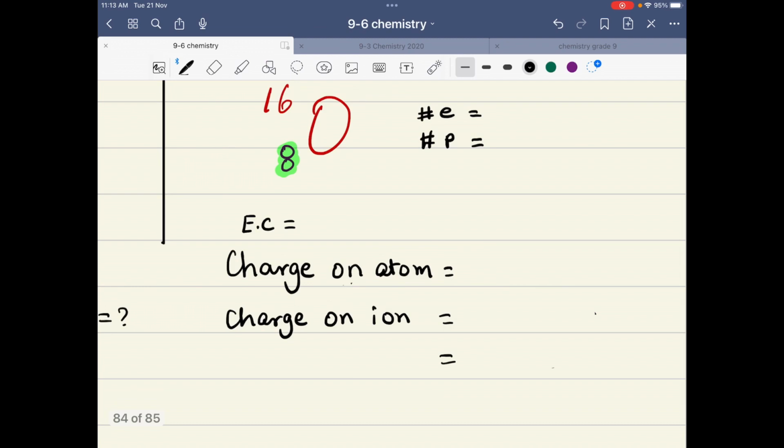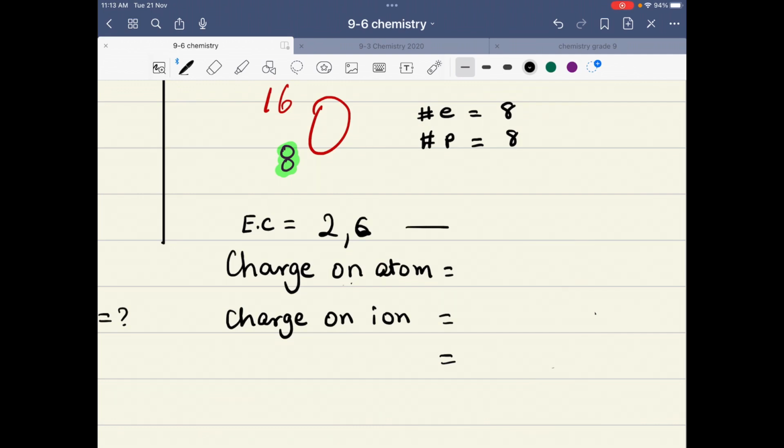Last one. We have here oxygen. Oxygen has an atomic number of 8, which means it has 8 electrons and 8 protons. The electronic configuration of oxygen will be 2, 6.